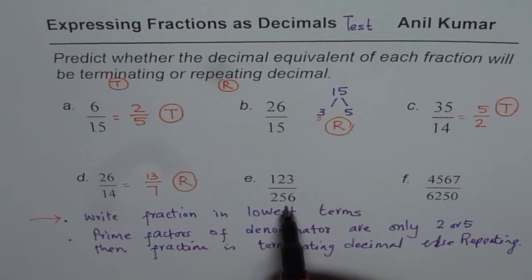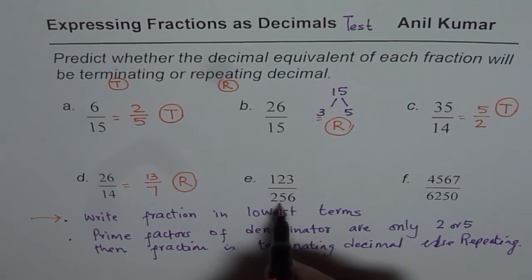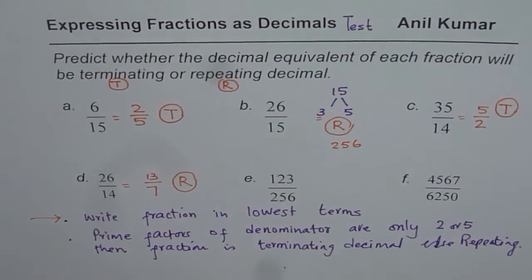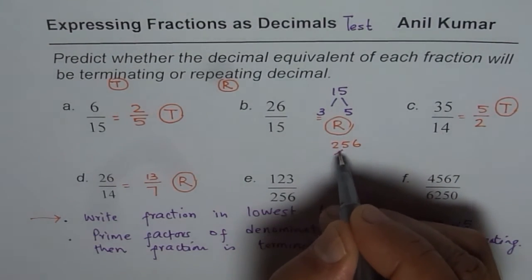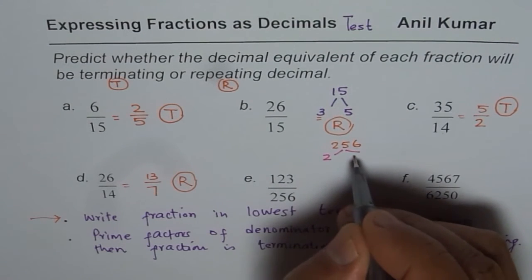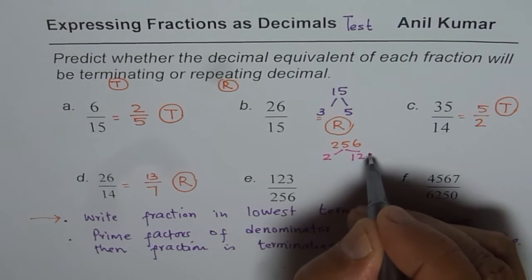123/256. Now this 256, if you check, it has only 2 as prime factor. Let me do prime factorization of 256. 256, keep on dividing by 2. Once you divide by 2, you get 128.